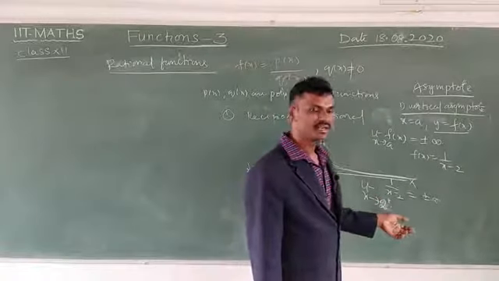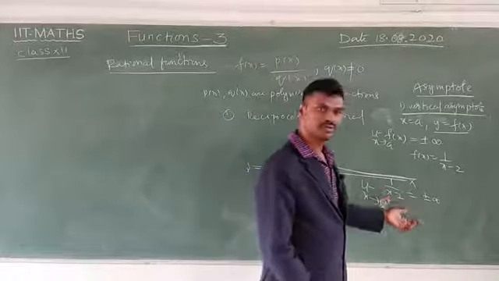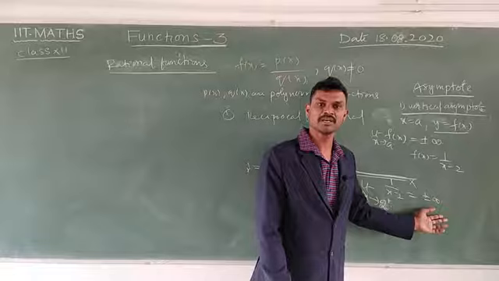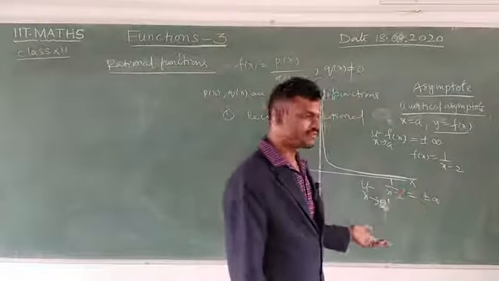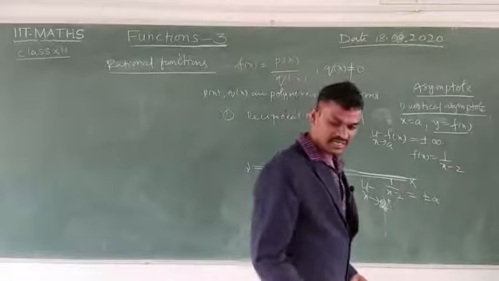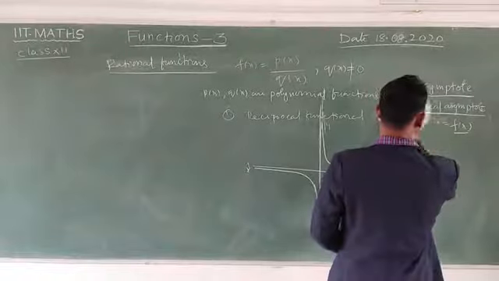Here x minus 2 is equal to 0, then x is equal to 2, so x tends to 2 means it approaches plus infinite or minus infinite, depending upon the left limit and right limit. This is called the vertical asymptote. Now we have to discuss the horizontal asymptote. What is the horizontal asymptote?